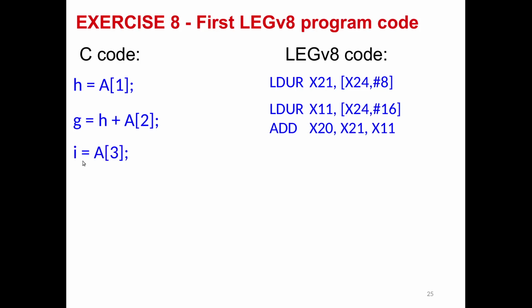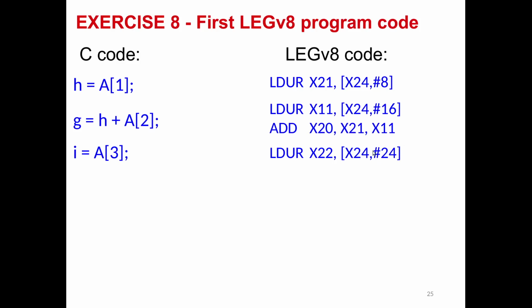The next instruction will be another load instruction from A3 to i, and so i is X22. A3 has an offset address of 24, and so we have LDUR X22, X24, and the offset address of 24 here.